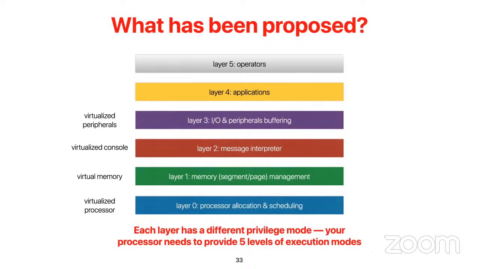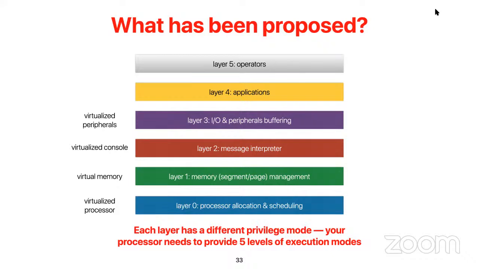So if you really want to support this kind of system, your processor actually needs 5 levels of execution mode. But if you look at the modern processor design, we only have 4 different layers, right? So apparently later on, we abandoned this kind of design.